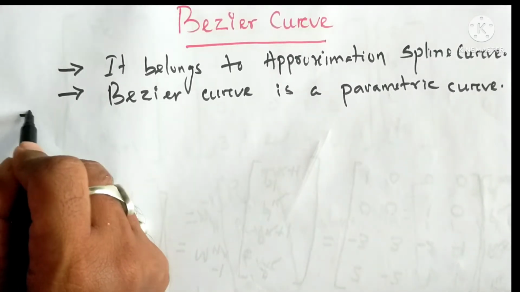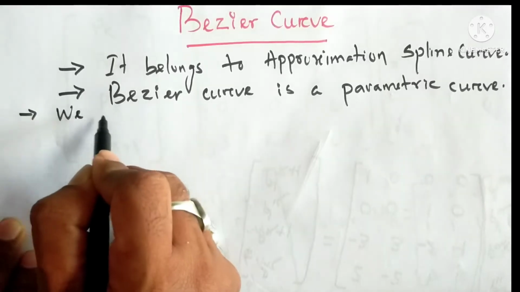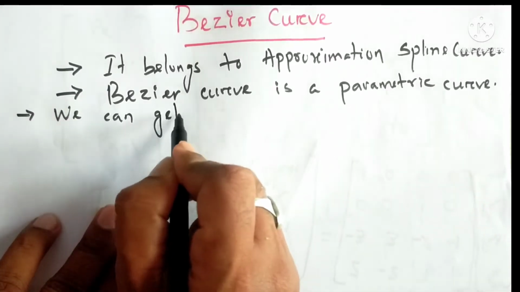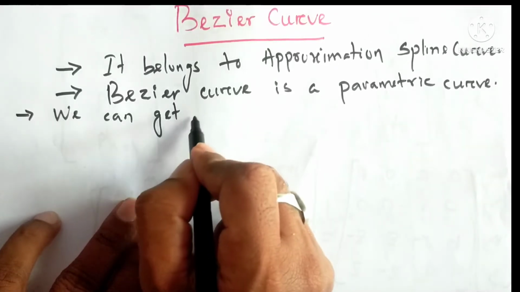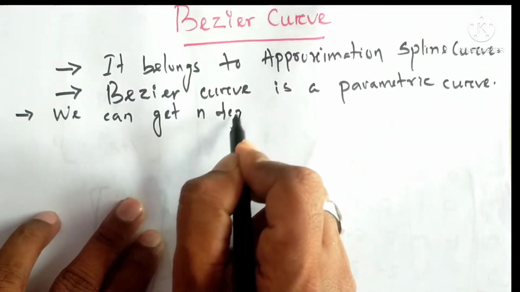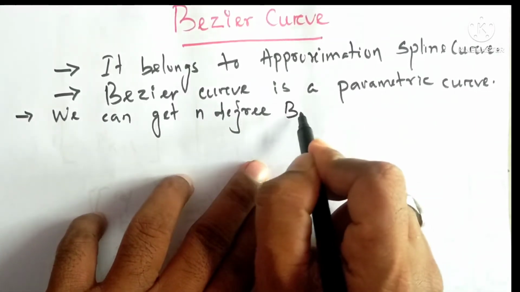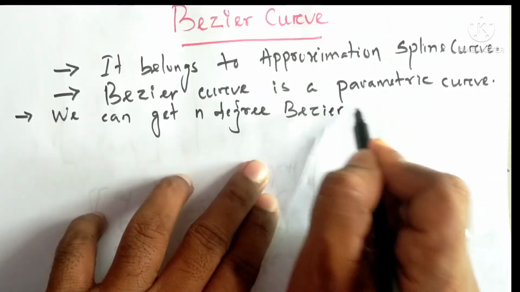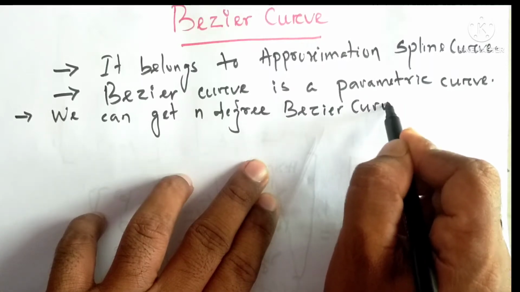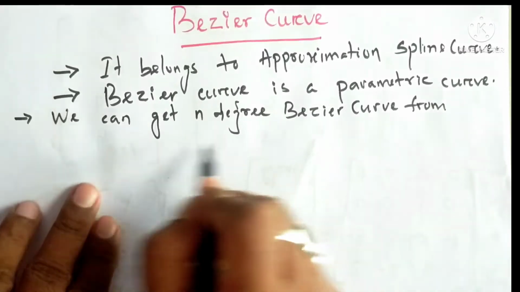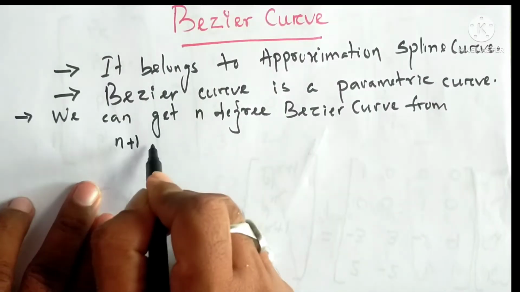We can say that we can get an n-degree Bezier curve from n plus 1 control points.